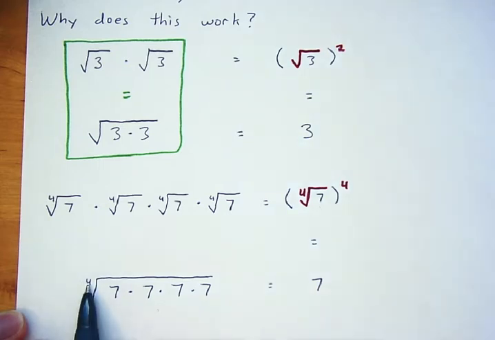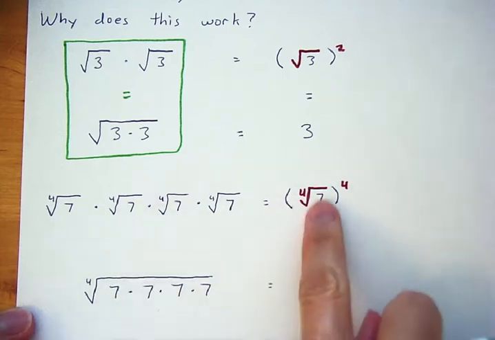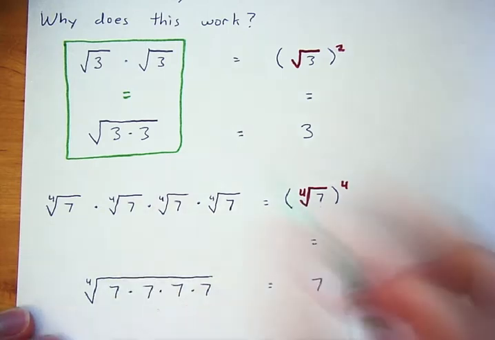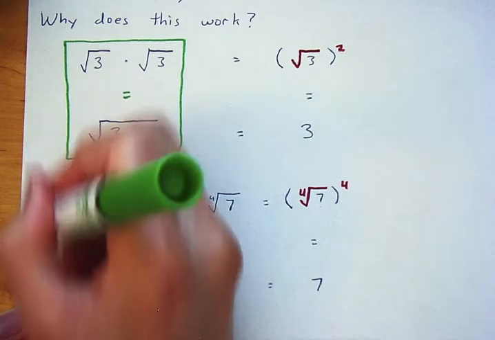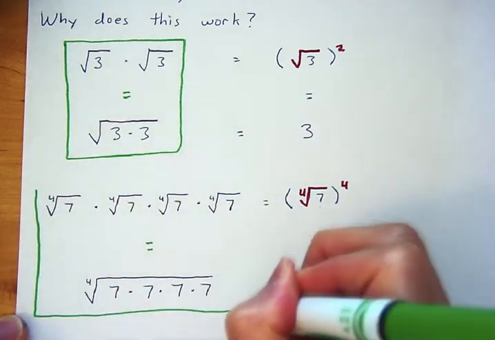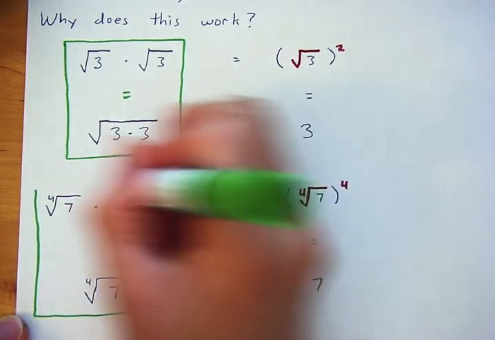This 4 right here means for any group of 4, 1 will come out. There's nothing left inside, so these two are equal. Using the transitive property, because this is equal to this is equal to this, and this is equal to this, I know that these two are equal.